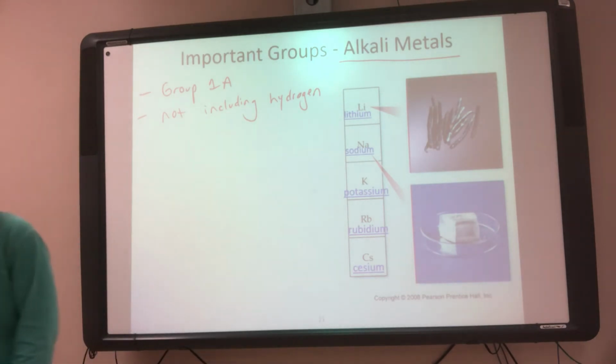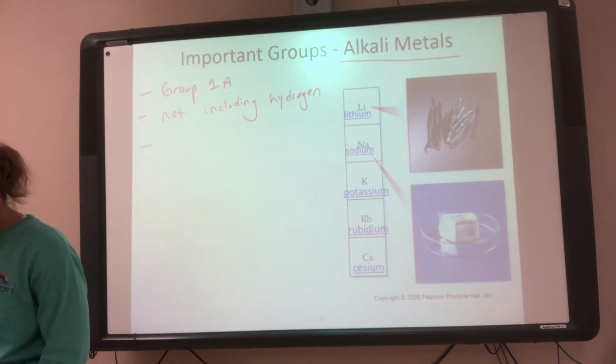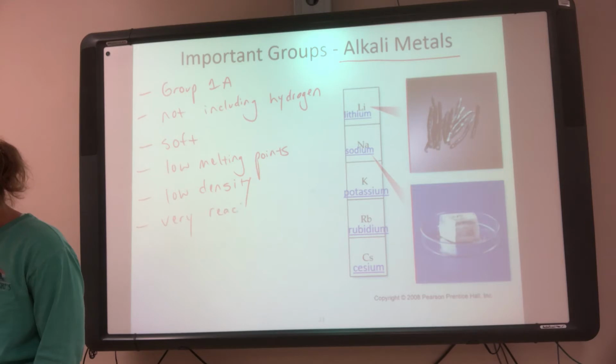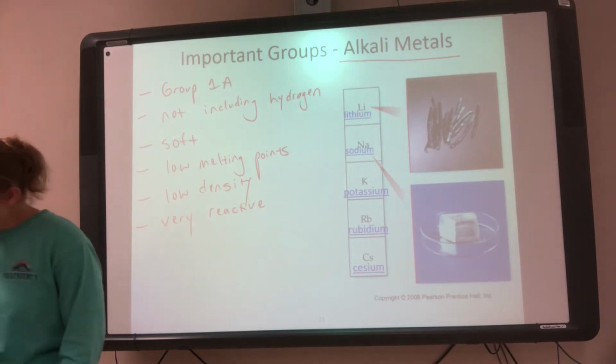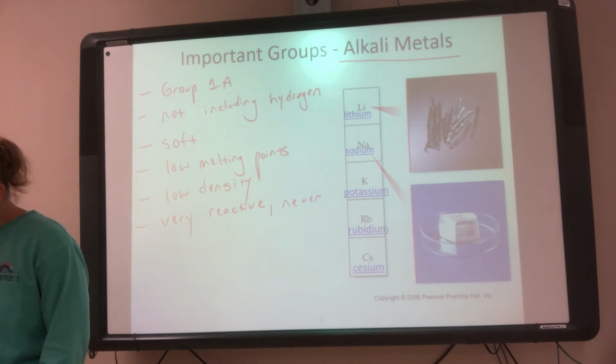So some properties about these guys. They're soft. They have low melting points. They have a low density. These guys are very reactive. They're so reactive that you never find these uncombined in nature.